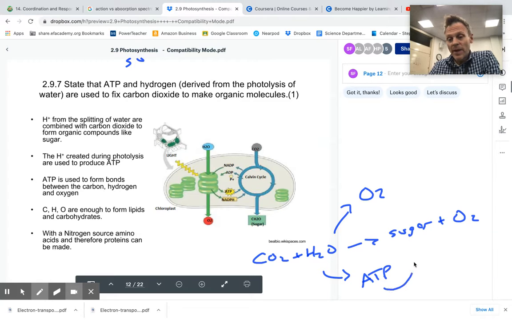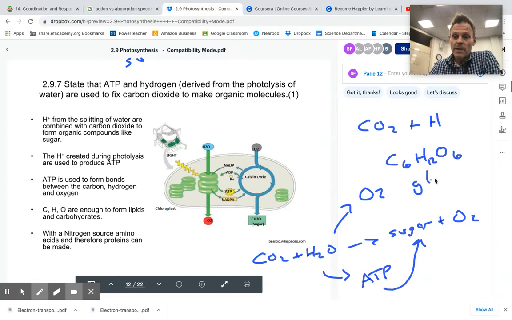ATP is going to provide the energy to take the carbon dioxide, CO2, add some H's to it, and that ATP is going to provide that energy to connect these molecules together to eventually put the ingredients together to make glucose. That's the chemical formula for glucose. So that's what that's saying.